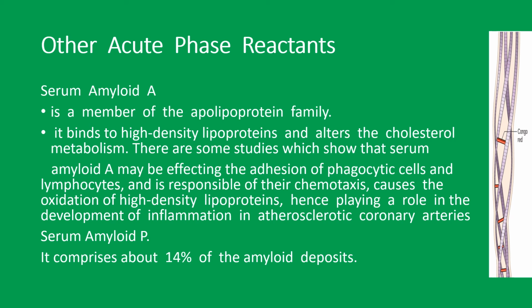There are some studies which show that serum amyloid A may be affecting the adhesions of phagocytic cells and lymphocytes, and they might play a role in chemotaxis, causing the oxidation of high-density lipoproteins and playing a role in the development of inflammation in atherosclerotic coronary arteries, which, as we know, is an inflammatory condition. Your serum amyloid B comprises about 14% of your amyloid deposits.